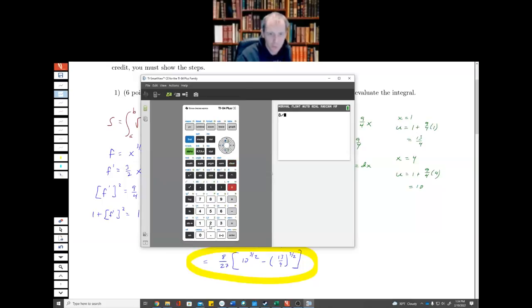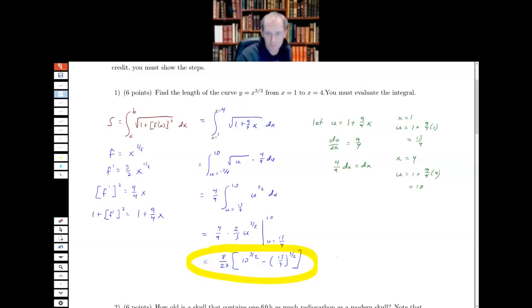But just for reference, maybe we'll multiply this out. Oops, so 13/4. Okay, so as a decimal, this comes out to about 7.6337.